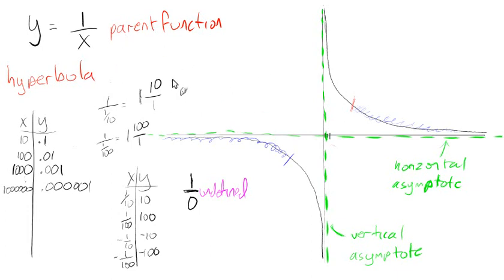What we'll do in the sample problems is change it up a little bit, make changes to the function, see what happens to maybe the shape or the location of this hyperbola. Okay, but those are the basics of horizontal asymptote, vertical asymptote, and just the shape of the hyperbola.